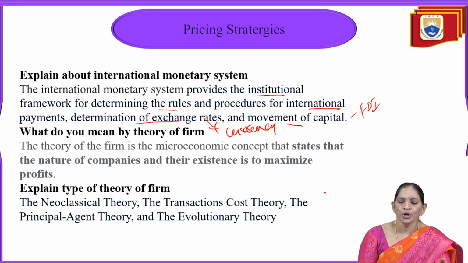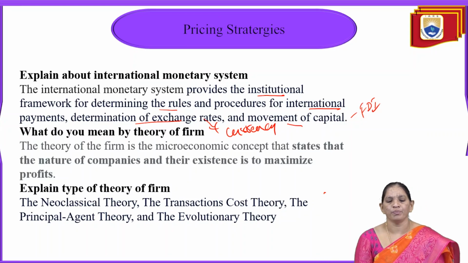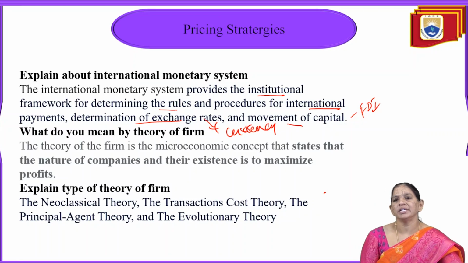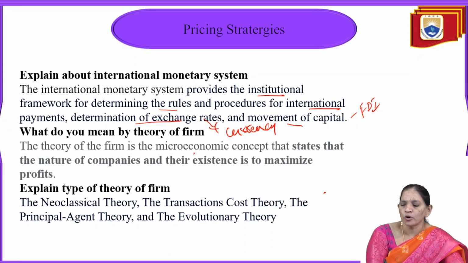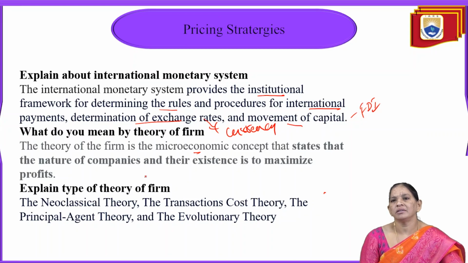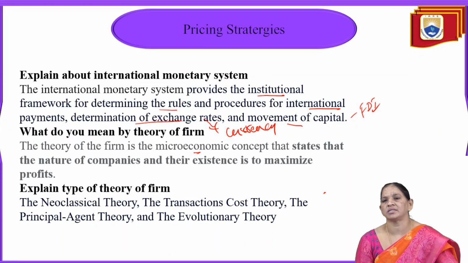What do you mean by theory of the firm? The theory of the firm is a microeconomic concept that states that the nature of the company and its existence is to maximize profits. It relates to the individual attainment of a company or organization.